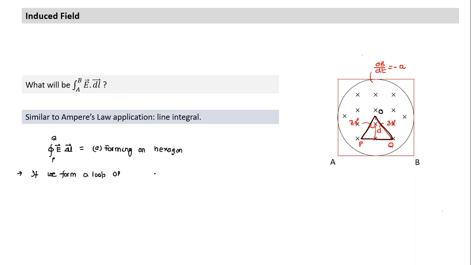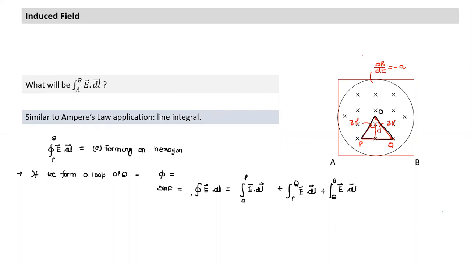Now in OPQ, I can calculate flux, I can calculate EMF, and then EMF I can equate to E dot dl. If I calculate E dot dl over OPQ, it can also be written, very similar to what we had done in case of Ampere's law, as O to P plus P to Q E dot dl, and plus Q to O E dot dl.